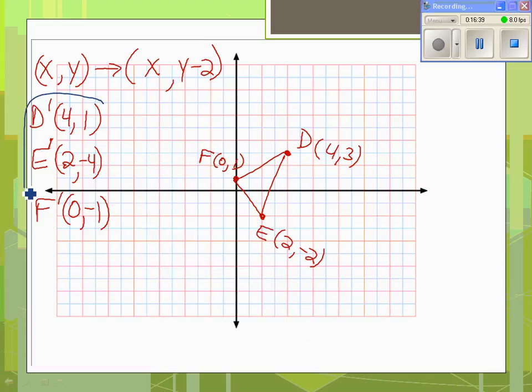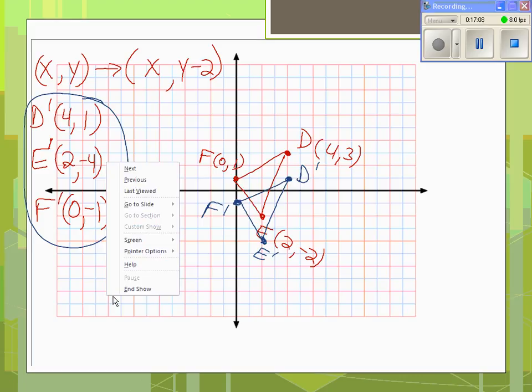This right here should all be in blue, not red. So (4, 1) D prime, (2, -4) E prime, and (0, -1) F prime. So that's where we slid it to, or we translated it to.